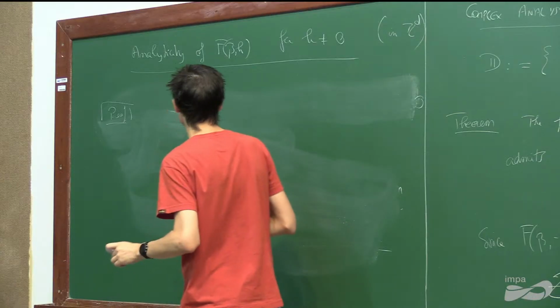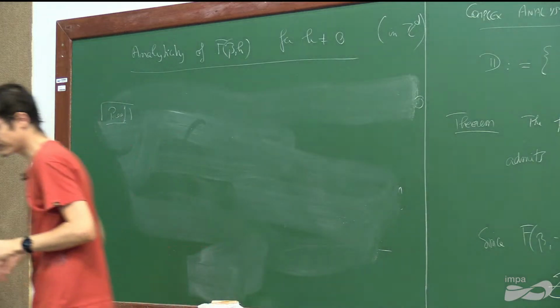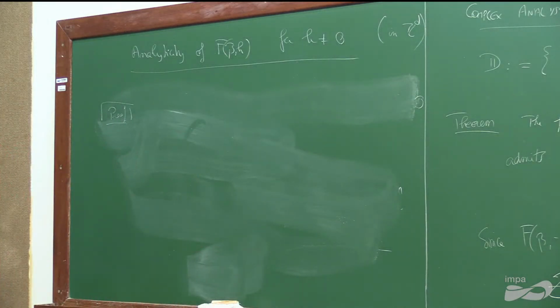Okay, so the idea is that we are going to take g, which is just a primitive of f prime over f that is equal to c0 at z0.